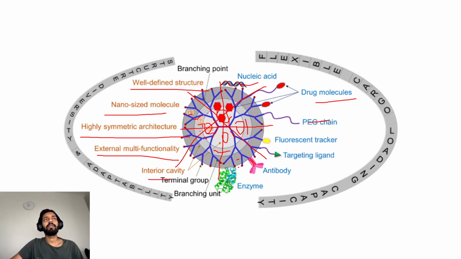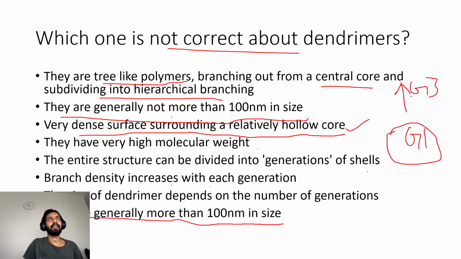So compared to G1, the density at G2 is higher, and compared to G2, the density at G3 is higher. And the size of the dendrimer depends on the number of generations. That's also true, right? As we have seen, as the generations increase, the size of the dendrimer also increases because it's branching more and more out. So it's sort of exploding like a bomb, but outside.